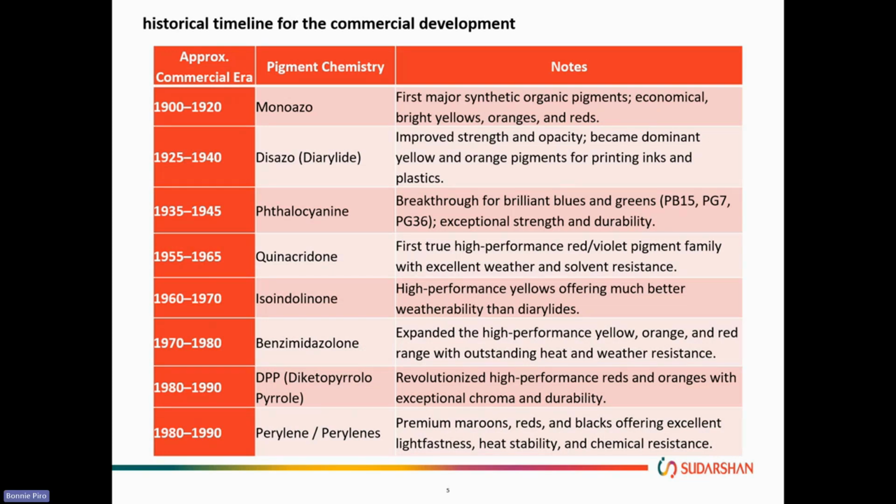A little bit of a historical timeline. I thought this was very interesting, so I wanted to share this with you as well. This just gives a feel for how different classes of pigments came to be. If you recall, pigments were natural colorants from the get-go, drawing from either the minerals in the earth or plants and the like, to provide the color.